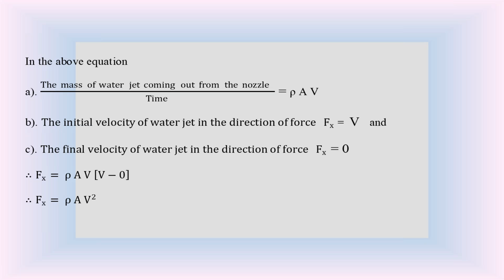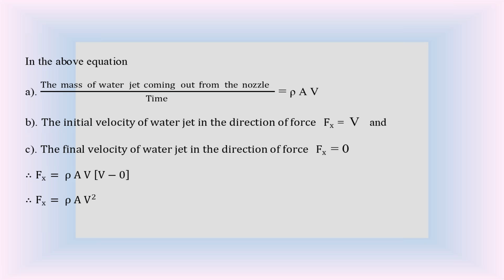Then what is the initial velocity of water jet in the direction of force Fx? We know that initial velocity v is horizontal. Force Fx is also horizontal. So the initial velocity of water jet in the direction of force Fx is v. We know that final velocity is also v, but final velocity is in the vertical direction, whereas the force Fx is horizontal.